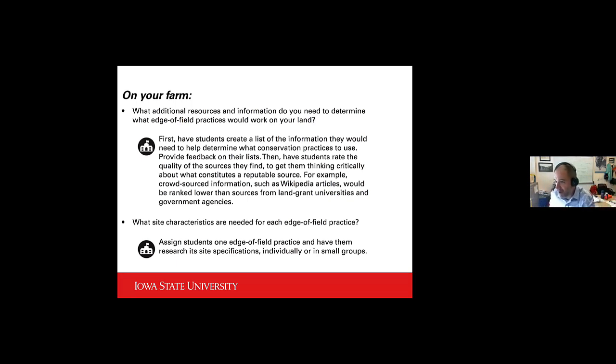So it would be a quick way that we might weed out, not spending a lot of time talking about a saturated buffer if a bioreactor is going to work better for your land for various reasons. And that's where we ask what site characteristics are needed. We'll get into a little bit of that. So yeah, students, as I started looking through these case studies, can be very broadly interpreted.